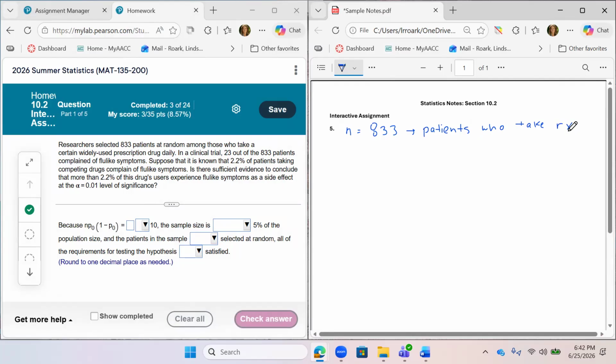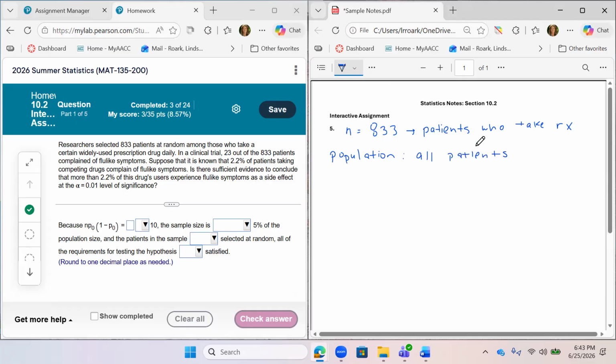I feel like RX sounds a little more formal than just take this drug. Okay, so then I'm also thinking at the same time that the population would be all patients who take this one certain widely used prescription drug, right? So the population is really all patients.